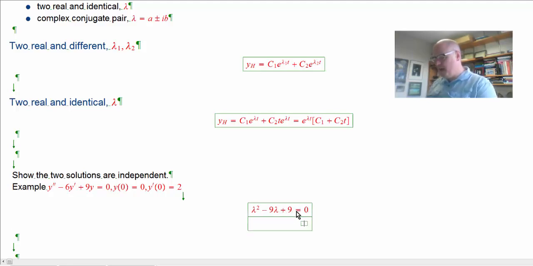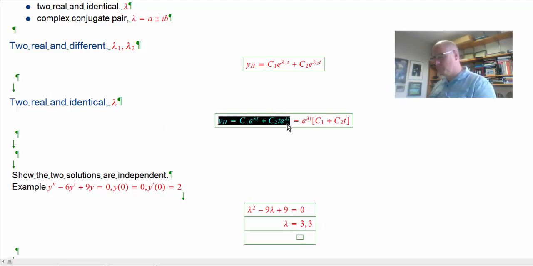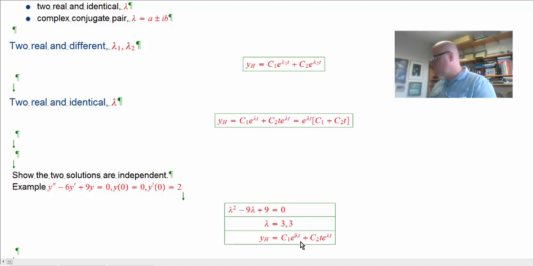And I can factor that, and I can see that lambda is equal to 3 and 3. Real and the same, so I'm down with this case here. So our solution's going to be some constant e to the 3t plus some constant t e to the 3t.